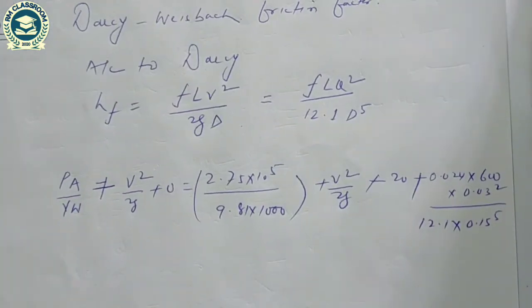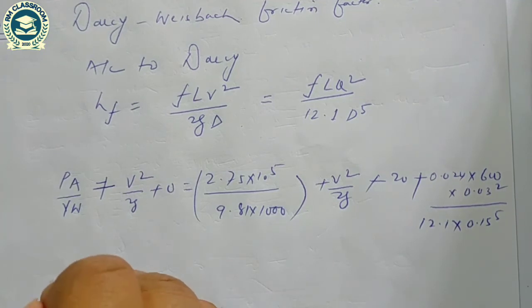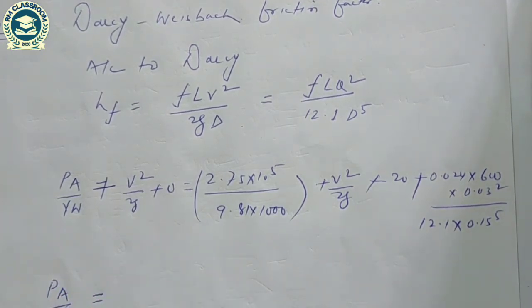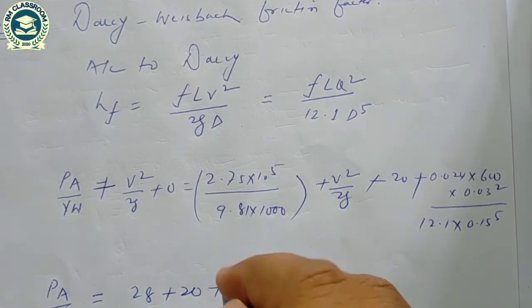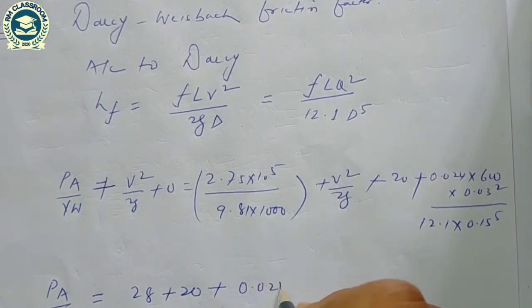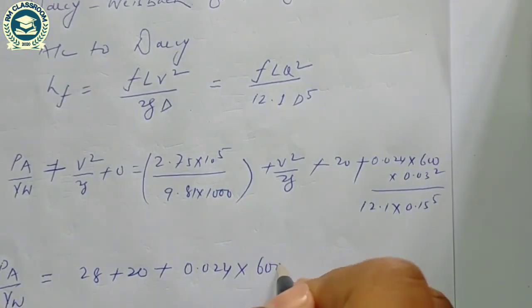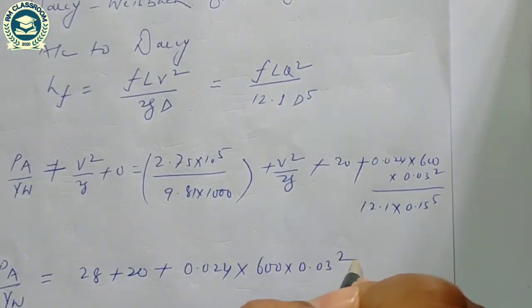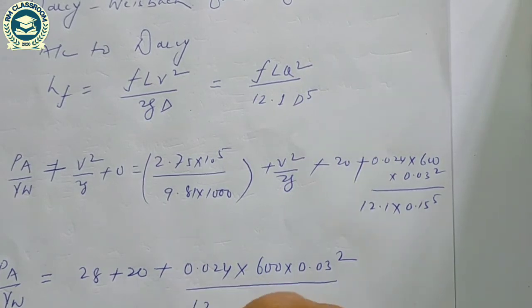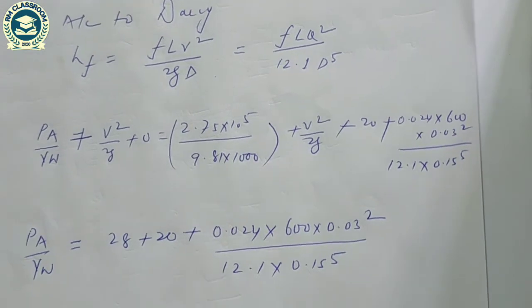V square by 2G is cancelled. So PA by gamma W is equal to 28 plus 20 plus 0.024 into 600 into 0.03 whole square divided by 12.1 into 0.15 to the power 5.